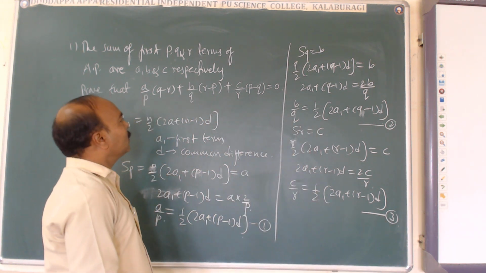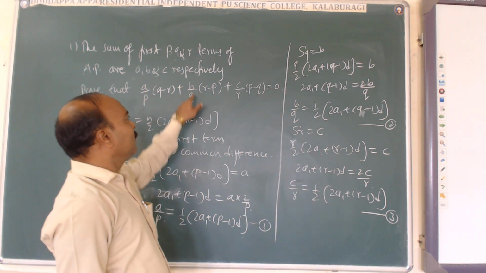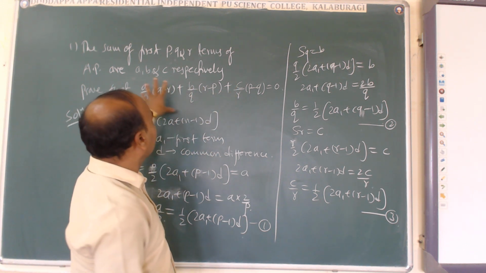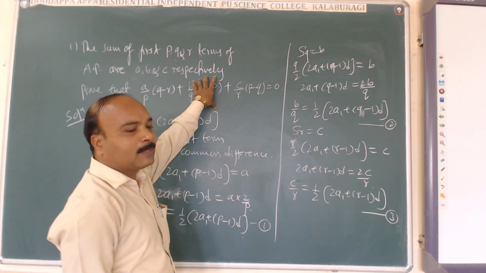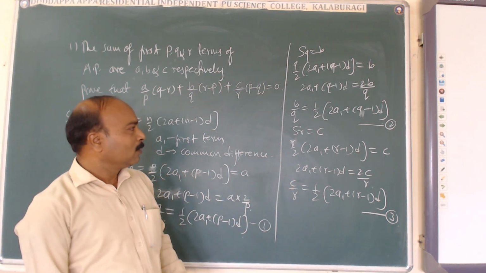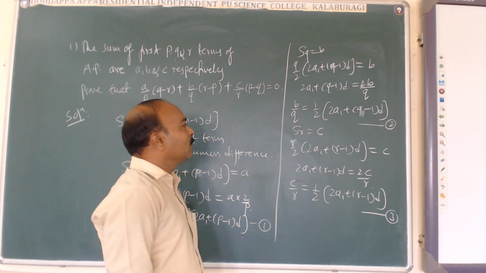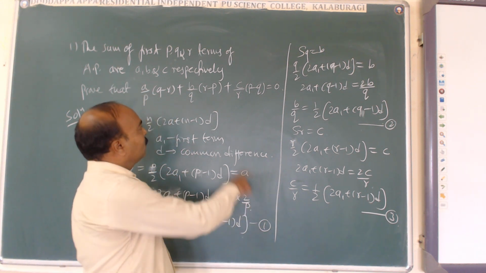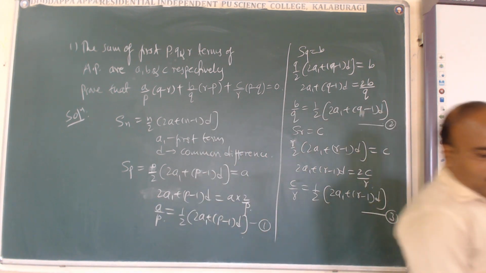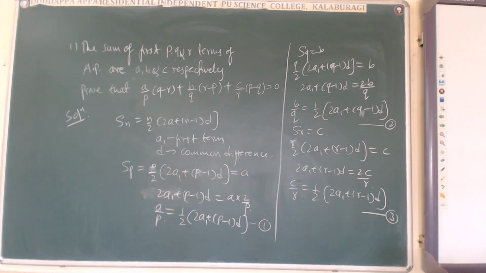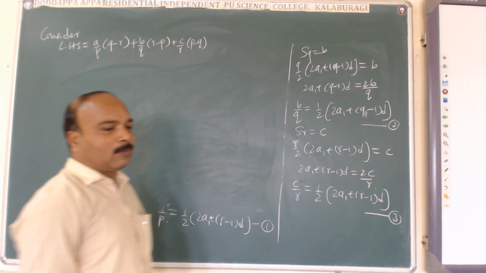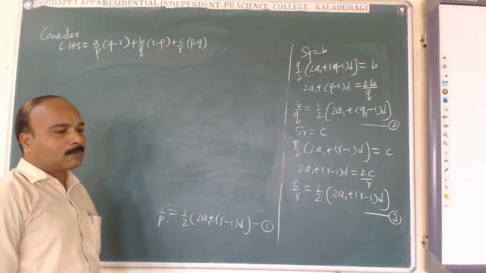Now we have got the A by P value, B by Q value and C by R value. By substituting these in the LHS of the expression, we get the RHS. First we substitute equations number 1, 2 and 3 in the LHS of the given expression.